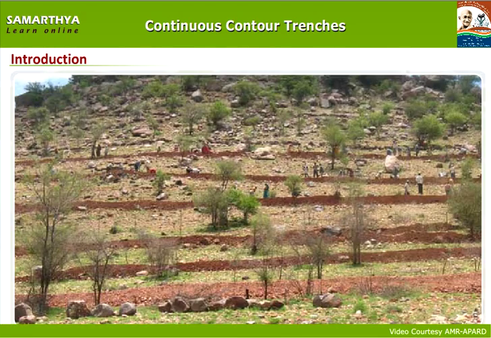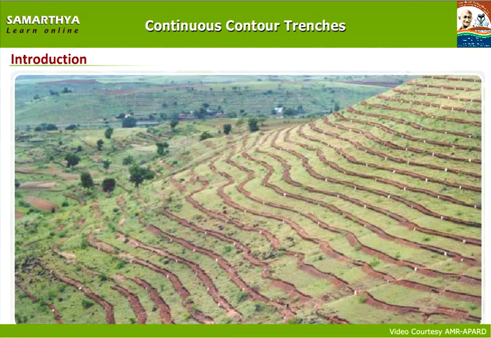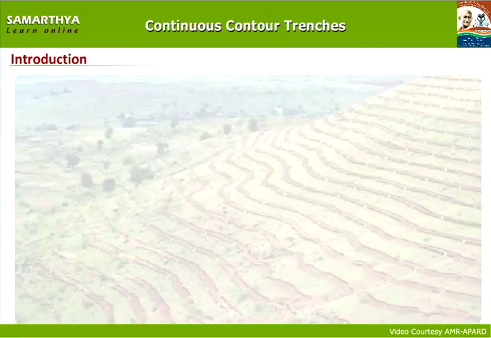Digging across water catchment areas of barren hill slopes alongside the contour, connecting the lines, is called the continuous contour trenches.